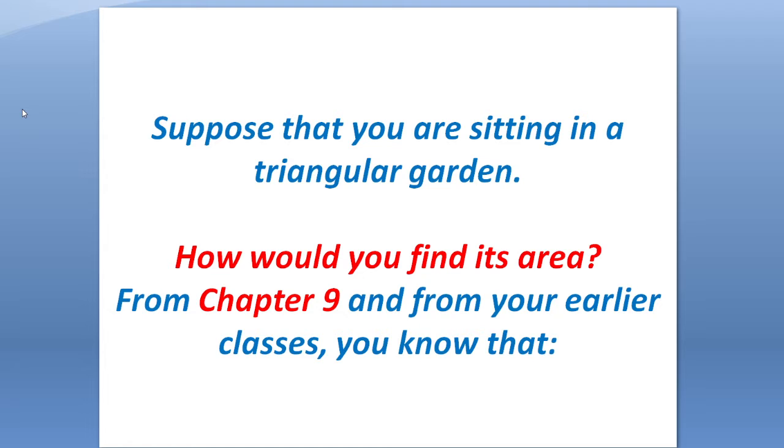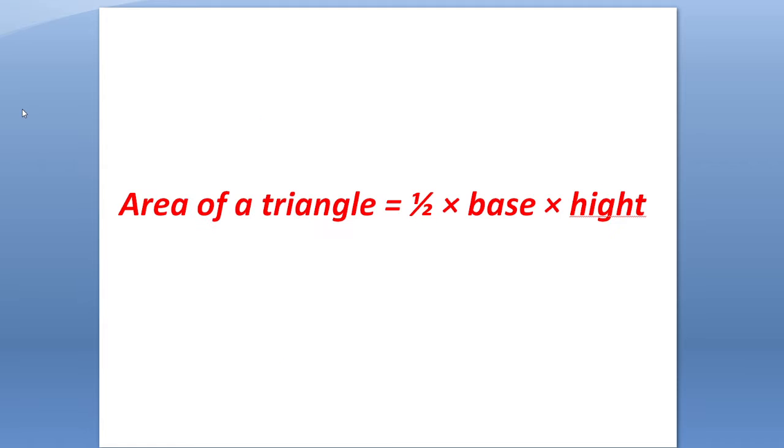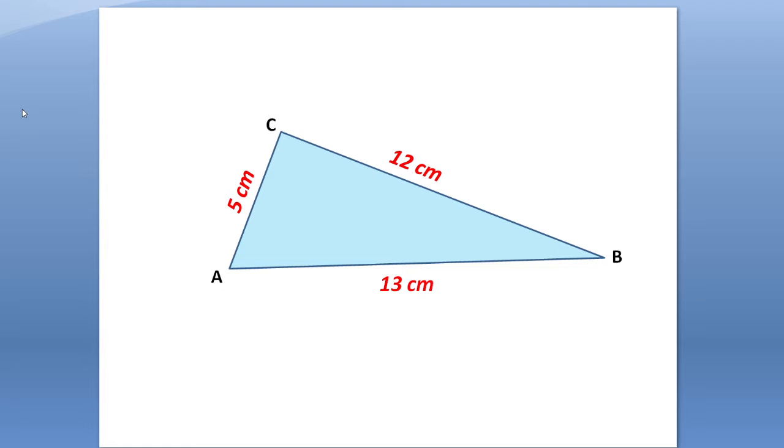From chapter 9 and from your earlier classes, you know that the formula for area of a triangle is equal to 1/2 into base into height. See this triangle ABC with AB equal to 13 centimeter, AC equal to 5 centimeter and BC equal to 12 centimeter.